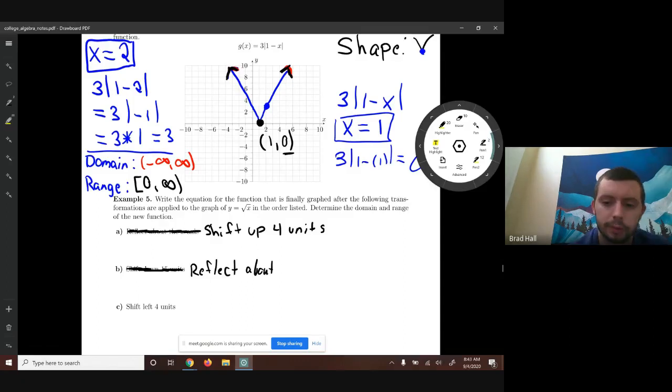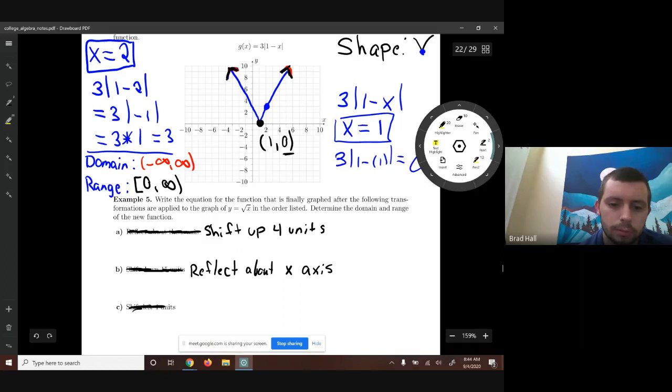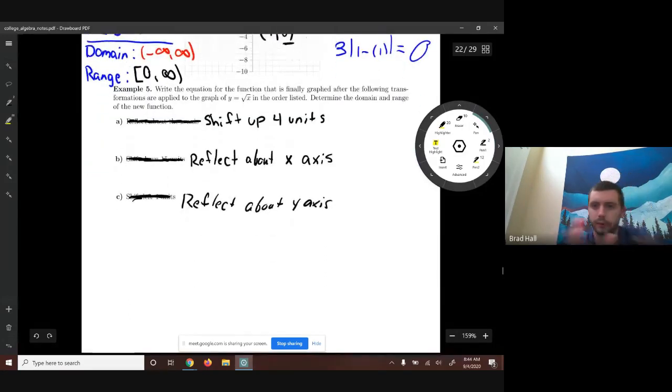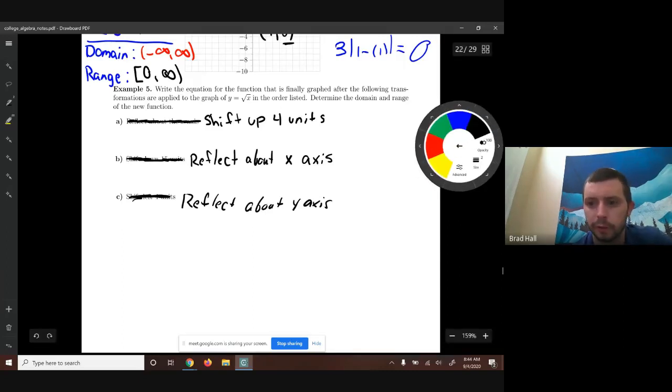The x-axis. So just a new problem, because I've been asked a few questions about this type of problem. It's almost exactly similar to this. Yours might be shift down, but it'll follow it up with reflect about the x and then reflect about the y. So what I normally like to do, we're going to do this one by one.